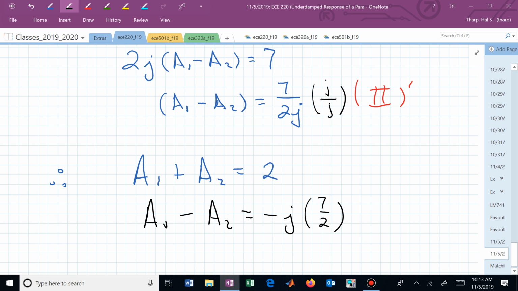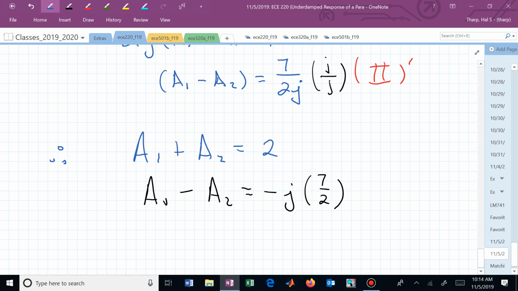I have j squared in the denominator. That gives me minus 1. That minus 1 is now out front, and I have j upstairs scaled by 7 over 2 with the minus sign. I now have these two equations, and A2 is wanting to disappear.